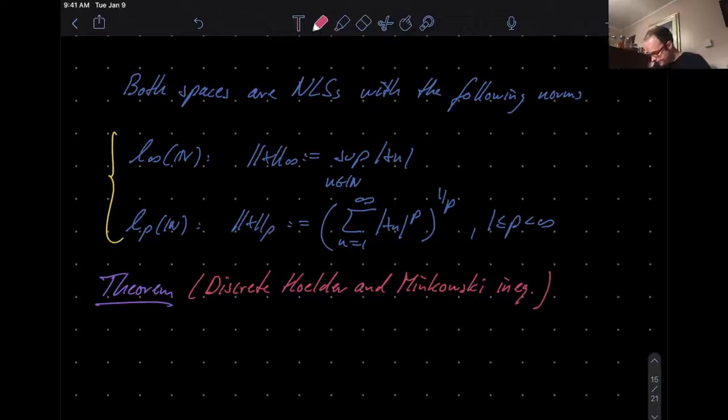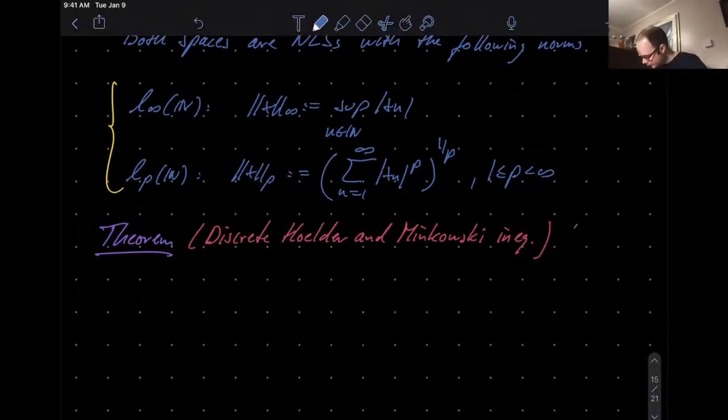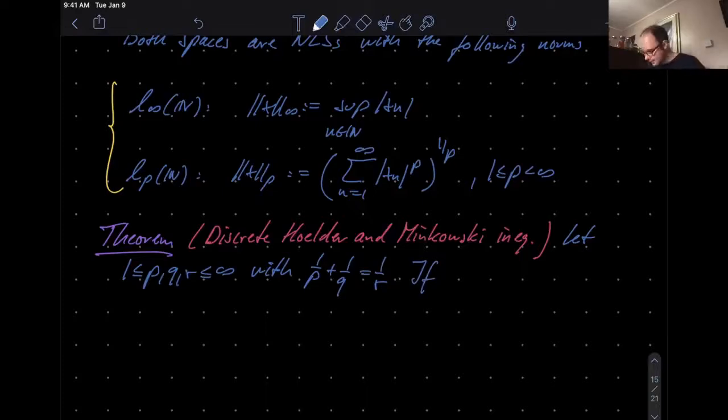inequality. Here's the statement. Let first, Hölder, let 1 ≤ p, q, r ≤ infinity. The statement reads exactly the same as in the previous theorem on Hölder's and Minkowski's inequality, but the objects are different. These are not functions, those are sequences now.